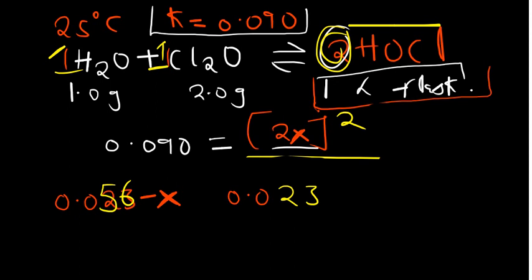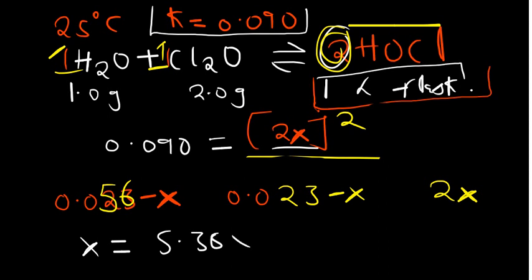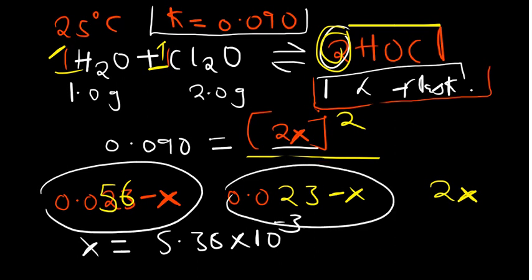Okay, so this was minus x, then the other part we had 2x, right? So all you get to do is plug in the value of x that you found. And the value of x that you found is 5.38 times 10 to the power negative 3. So to find the equilibrium concentrations, substitute in this part, that part, and that part. Any questions?